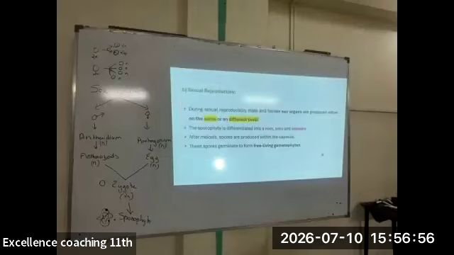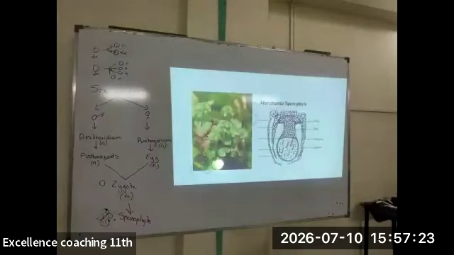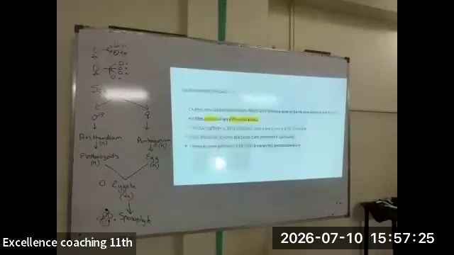Next is sexual reproduction. So during sexual reproduction, male and female sex organs can be produced on the same thalli or different thalli. Then this sporophyte here is differentiated into foot, seta, and capsule.